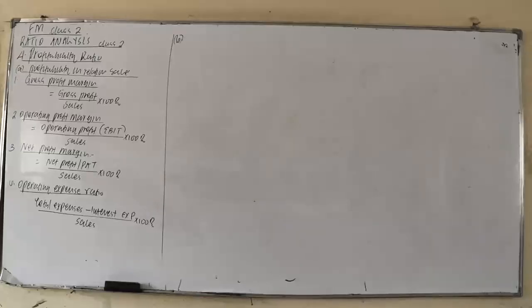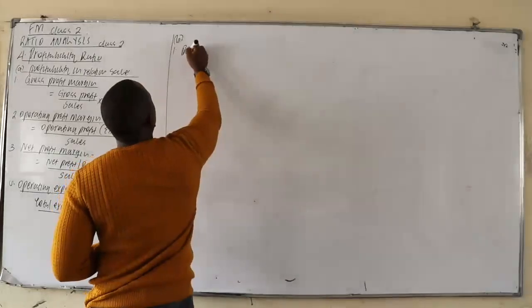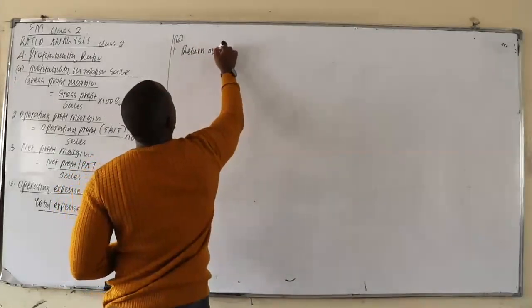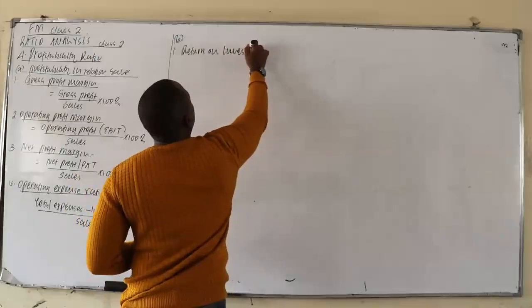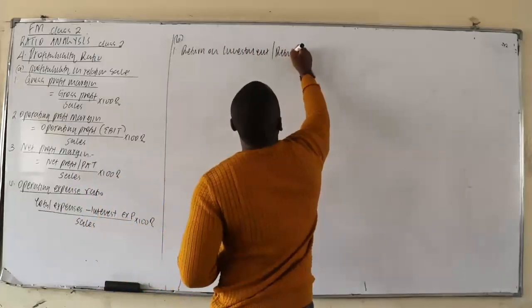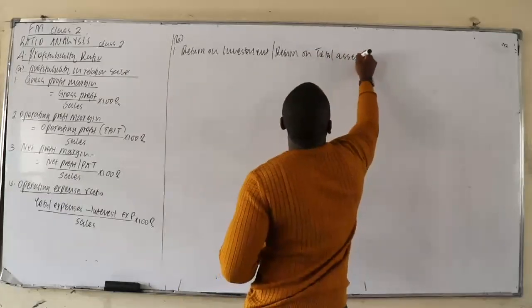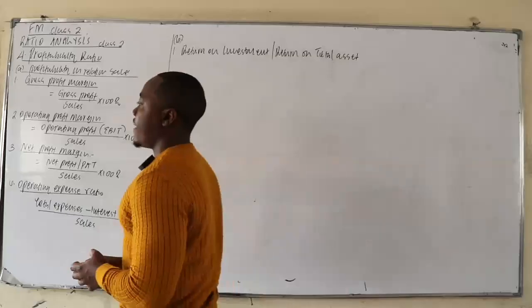These ratios include, number A, or number one, return on investment, also known as return on total assets.